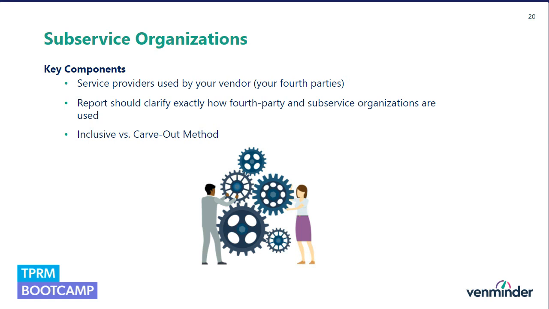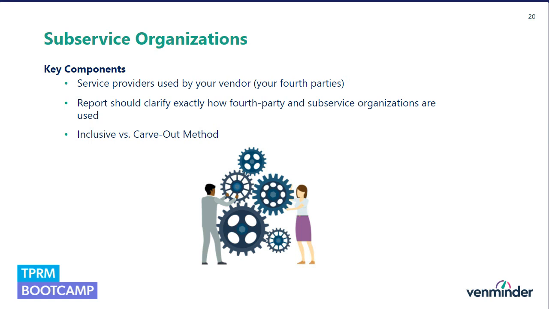They're literally carved out. Understanding what subservices your vendor uses is important because they may be using a subservice organization for critical controls that impact the product or service that you are contracting with them for. That's information that you want to understand and track.